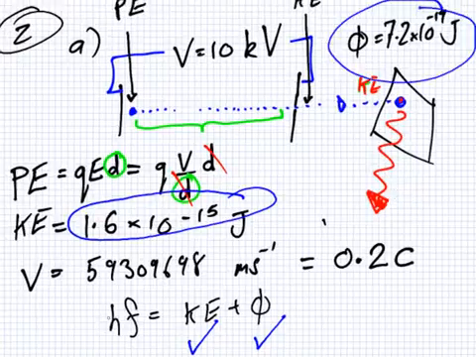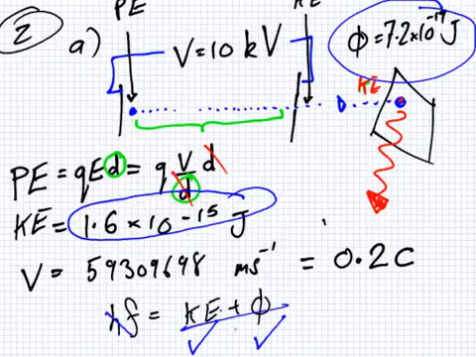We do. It's a constant. So if I divide by h, I can know what the frequency of the light is. 1.6 times 10 to the minus 15 plus 7.2 times 10 to the minus 19, and the constant is number 6.